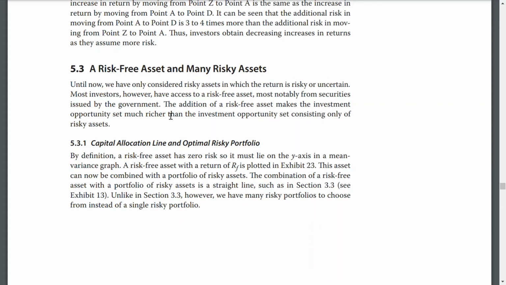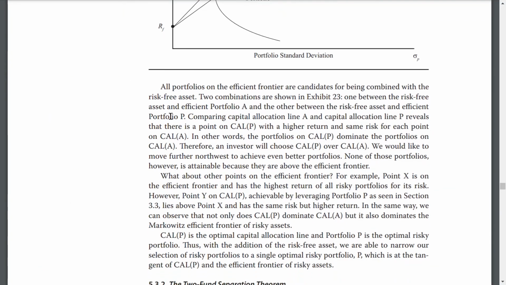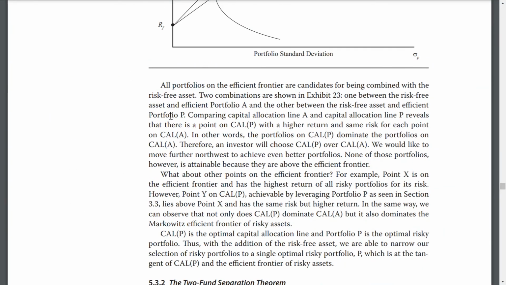The addition of a risk-free asset makes the investment opportunity set much richer than an investment opportunity set consisting only of risky assets. All portfolios on the efficient frontier are candidates for being combined with the risk-free asset. Two combinations are shown in Exhibit 23, one being the risk-free asset and efficient portfolio A, and the other being the risk-free asset and efficient portfolio P.